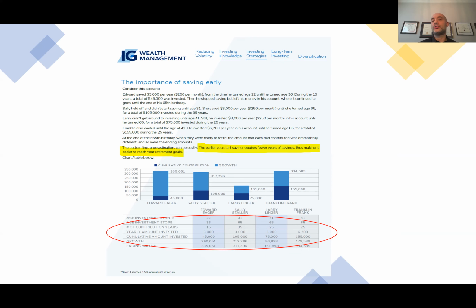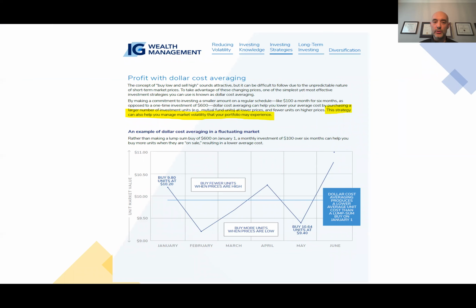Larry, on the other hand, starts at 41, invests over that same 14-year period $3,000 annually at a rate of return of 5.5%. His growth is about $86, almost $87,000. So you can see quite a significant difference. So the earlier you start saving requires fewer years of savings, making it easier for you to achieve your retirement goals. And lastly, dollar cost averaging.